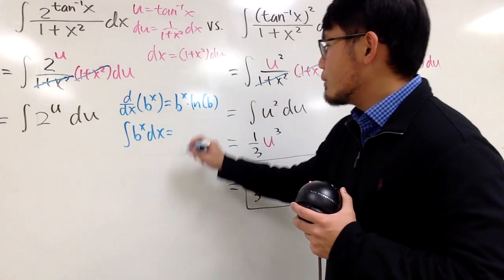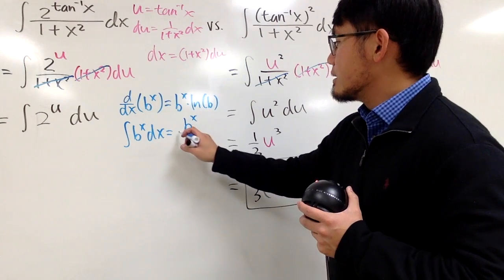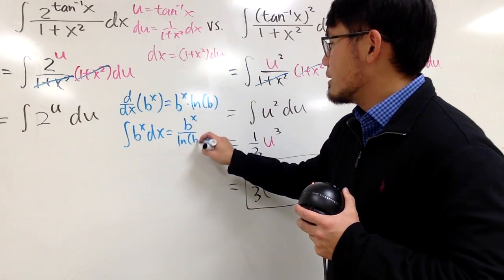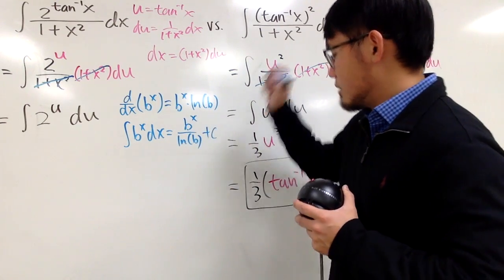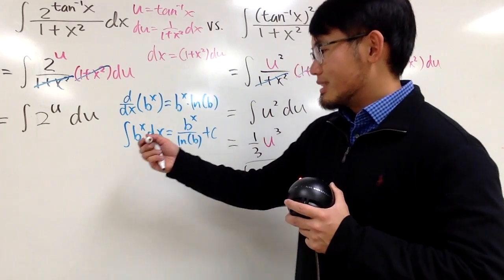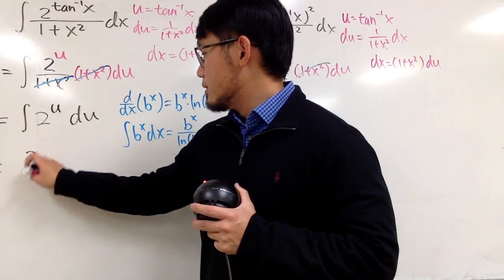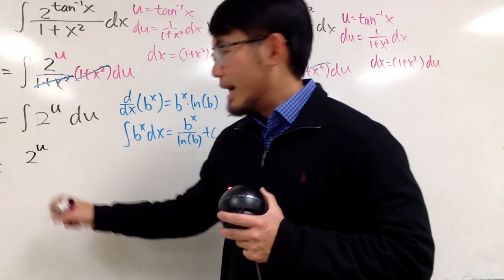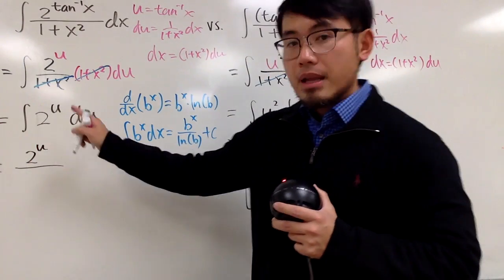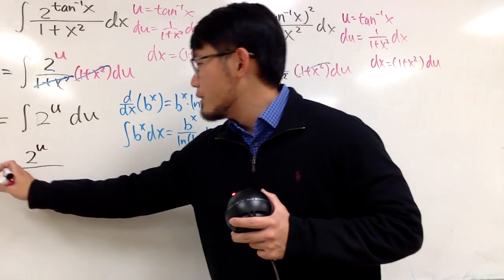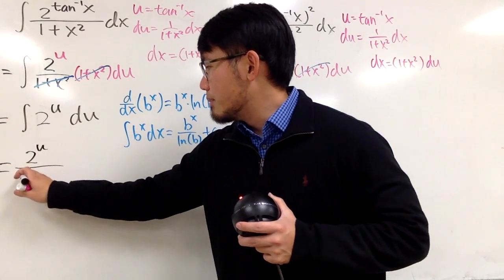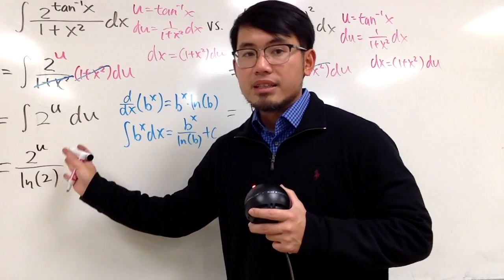So you put this down, which is b to the x, but you divide it by ln b, and of course put a plus c. So to do this, you actually have 2 to the u repeated, still on the top like this, but you have to divide it by the base, which in our case is 2. So you have to divide it by natural log of 2, like that.